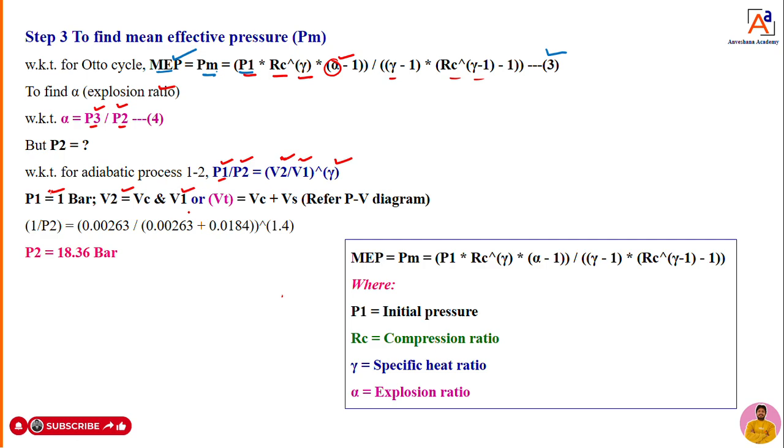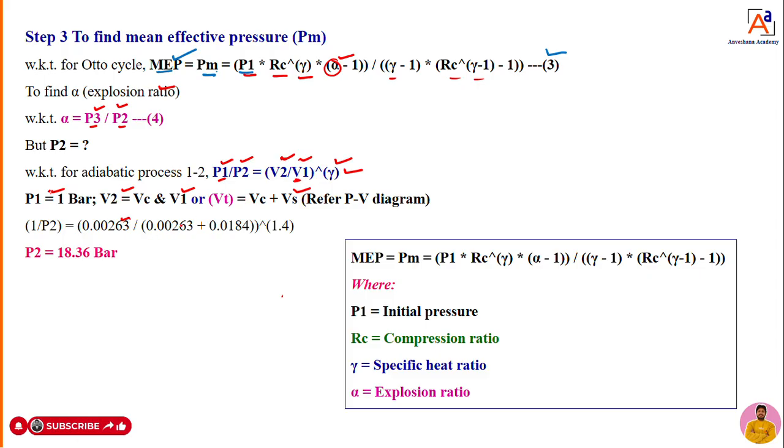V1 is nothing but our total volume, so total volume Vt, or V1, is equal to Vc plus Vs. I will put all the values in the above equation. P1 is 1, P2 I don't know, I will keep it as it is. P2 is equal to V2, 0.0263, divided by V1.